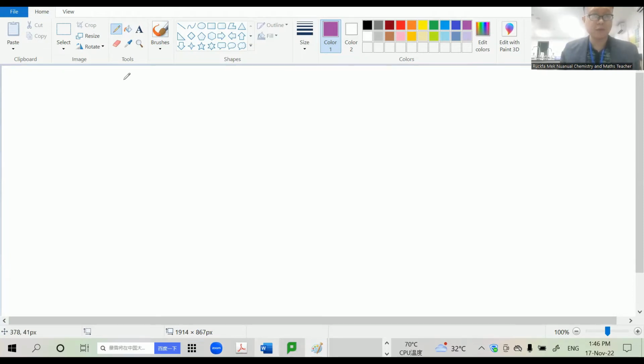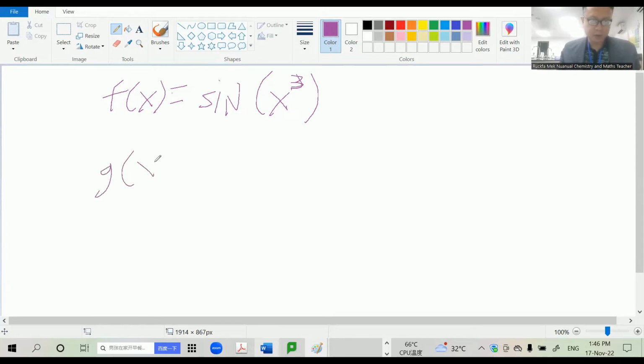For example, if you have f of x equals sine of x to the power of 3, and you also have another one, g of x equals sine of x. These are two different functions. They look similar, but one has something inside the parentheses, and the other is just your normal sine of x function.